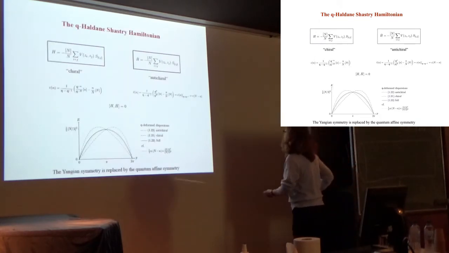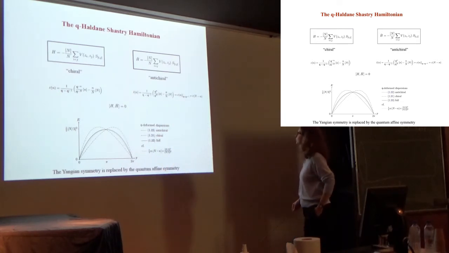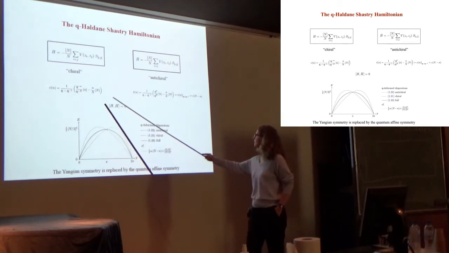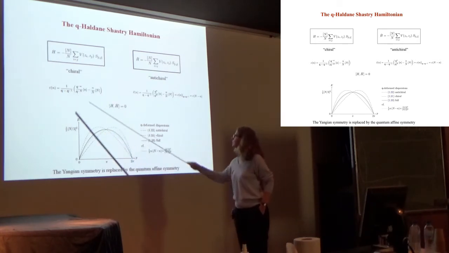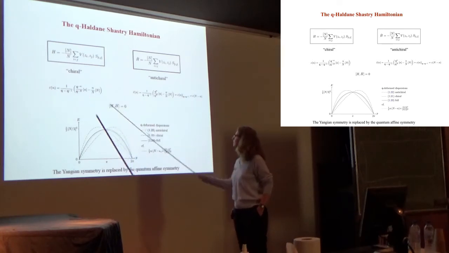And interestingly, the two Hamiltonians commute with each other, and they have spectra which are given by these simple dispersion relations, which involve the Q numbers.